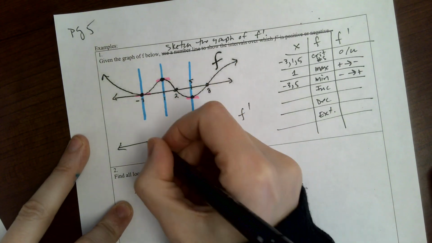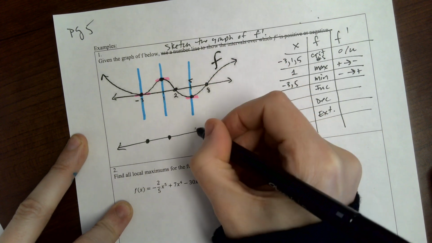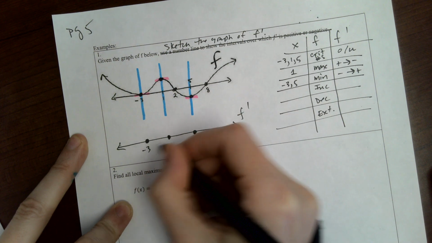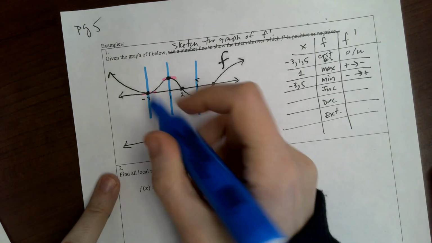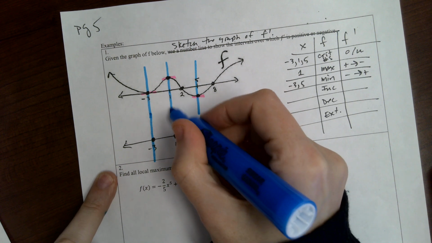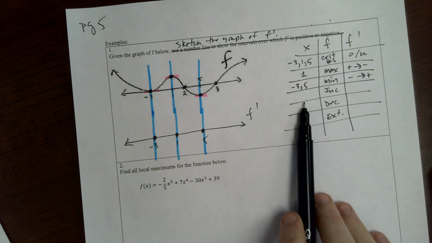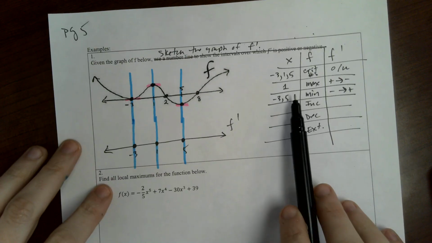So let me put my critical numbers here. So we're going to have walls there as well. Okay, and all right, so now let's keep going.